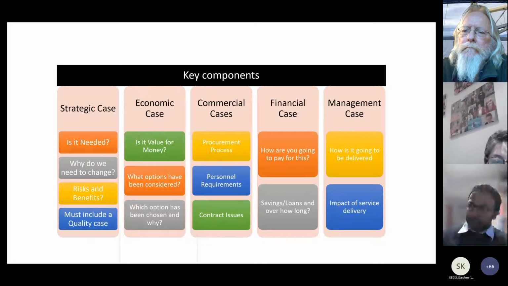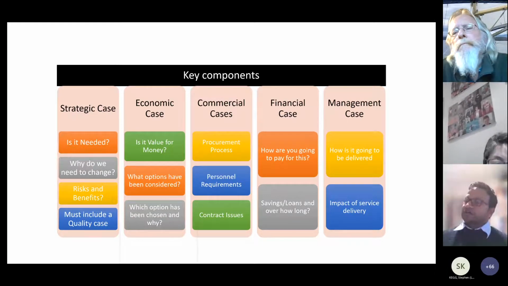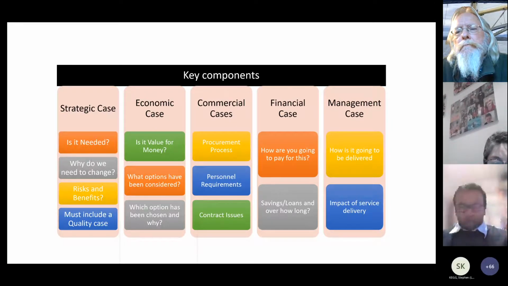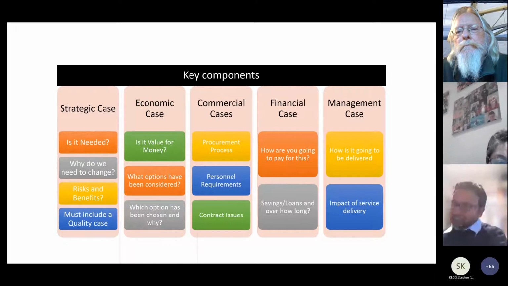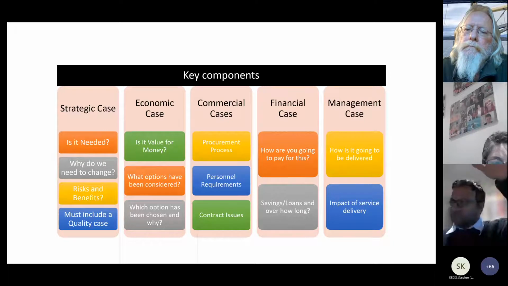You start off with a program, and if you said to me and described what you're hoping to achieve, I would go, oh my God, putting together an economic, commercial, and financial case for that is a massive undertaking, and I'd be quite daunted by it. But if you broke it down and said, that's our program, this is what we want to achieve, but it's made up of multiple little projects, which are more manageable, you can assign it to somebody, I don't mean to demean anybody, but you wouldn't need the director of finance to get involved with this.